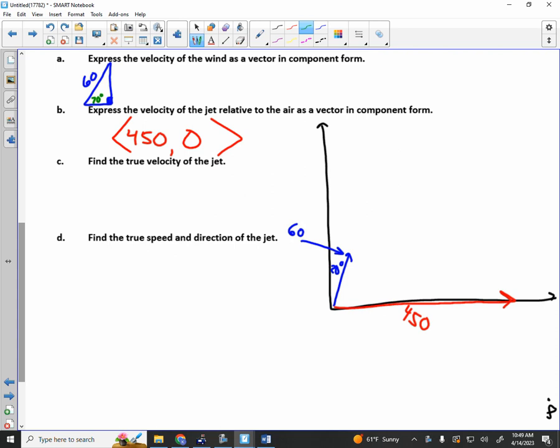Now that I have this triangle drawn, I want to figure out the horizontal and vertical components. Well, we've already done that with the other problem. A is equal to the magnitude of the vector times cosine of 70, and B is equal to the magnitude of the vector times the sine of 70. So I'll compute those into vector form.